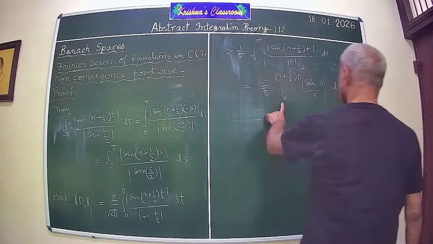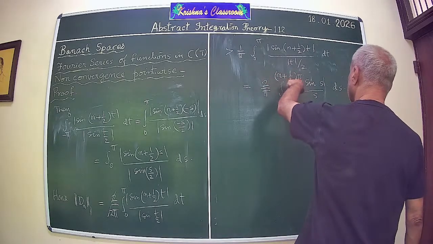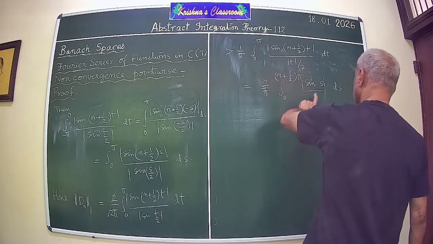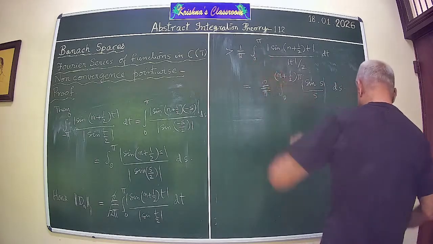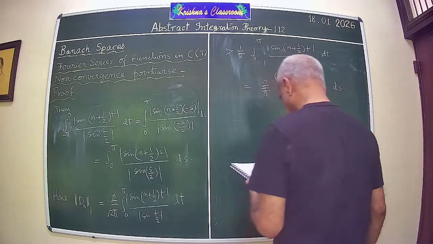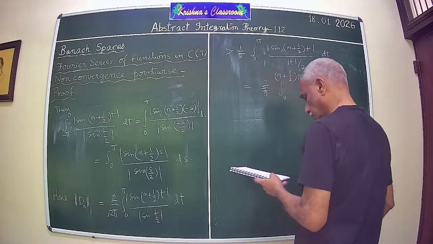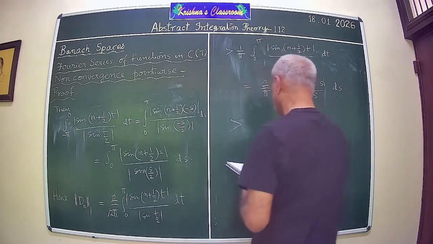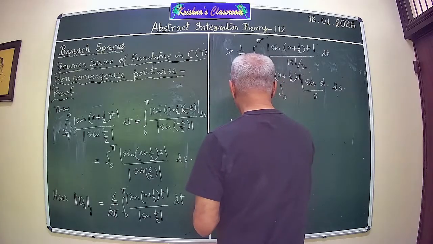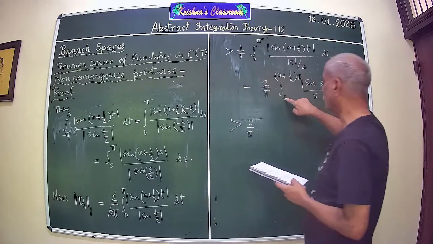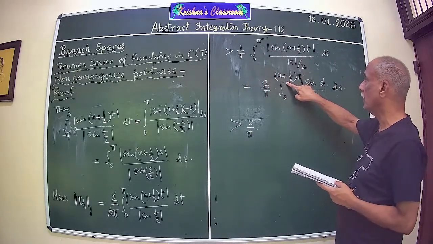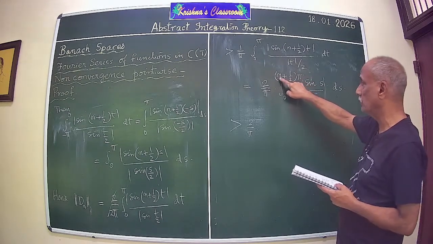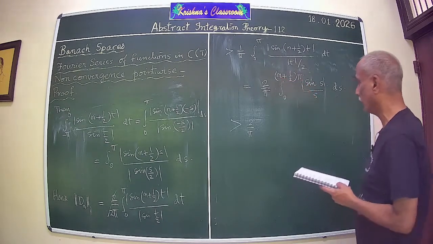Because you get from 0 to n plus half pi, you will have to split and add, and you see you get a term from here, and that actually cancels out. Okay, so this is greater than 2 by pi. So this you have to split from 0 to pi by 2, etc., etc. I mean, for all values of n, you will have to work with that.